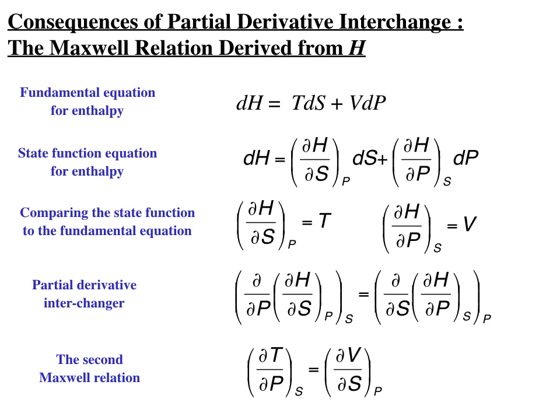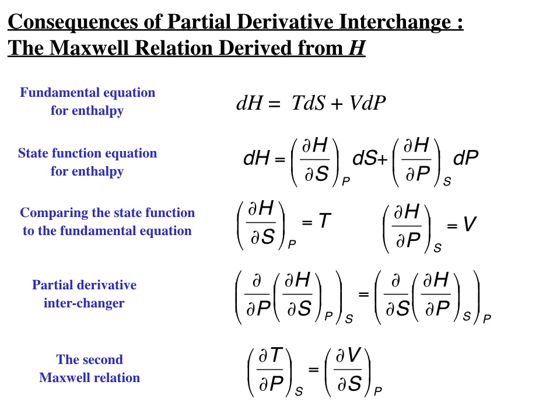Since H is also a function of S and P, I can take the partial of H with respect to P and then hit it with the derivative with respect to entropy on the outside of that. So according to the interchange of the order of taking partial derivatives, d/dP on dH/dS has to equal d/dS on dH/dP.